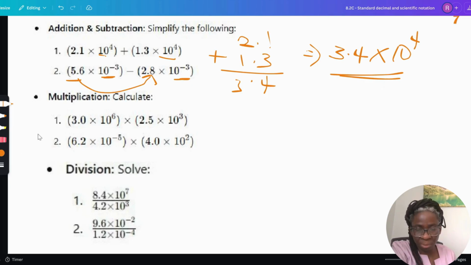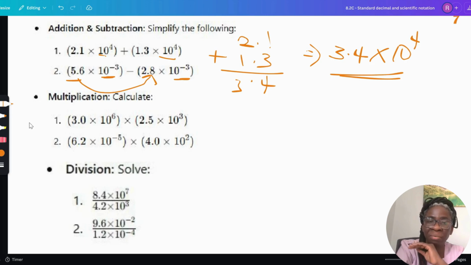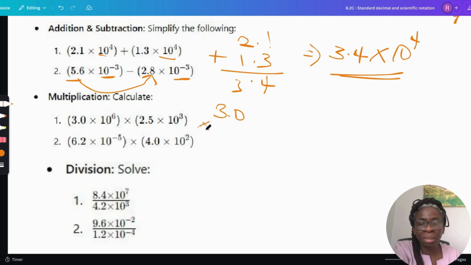Now let's talk about multiplication. The rule is a little bit different for multiplication. For multiplication, you multiply the numbers and then you multiply the base. For example, for this one, we say 3.0 times 2.5, and then we say 10 power 6 times 10 power 3.